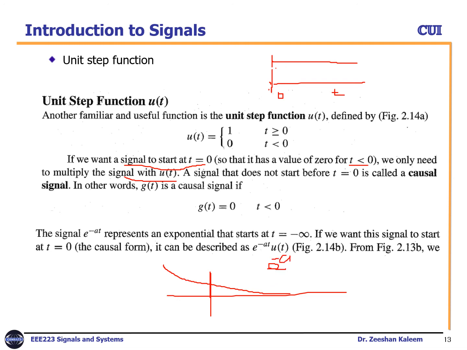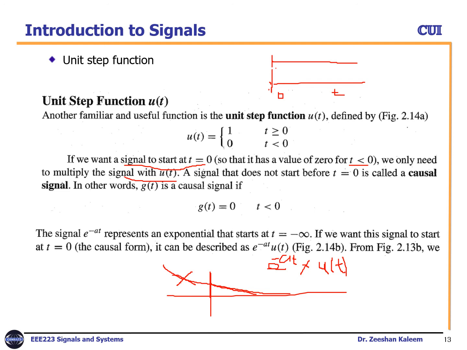Then you multiply it with u of t. So what will you get? This part will be cancelled out and you will get the signal from here, right? So in this way you can make it a causal signal.